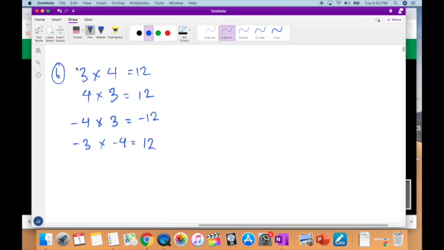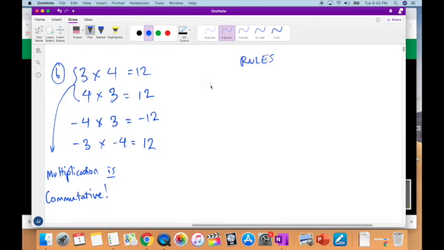First thing that we could notice from this is that multiplication is commutative. Right? And the rules here are, number 1, if you have the same signs, then the answer is positive.